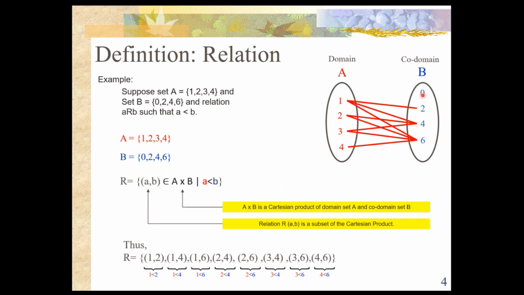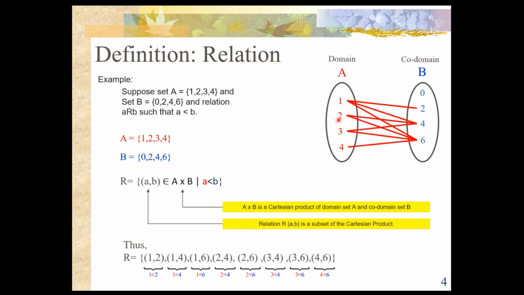It doesn't fulfill the constraint, which is that A is supposed to be less than B. Therefore, we don't draw the line. 1 to 2 fulfills the constraint whereby A is less than B. So is 4. So is element 6 in B. That's why we draw the lines from element 1 inside A to elements 2, 4, and 6 inside B.